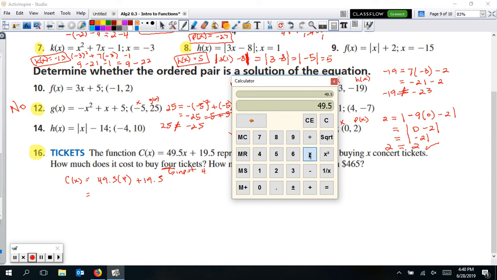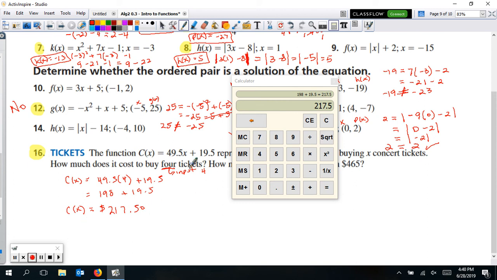So 198 plus 19.5 gives us 217.5. So our cost here, c of x, would equal $217.50. So there's our answer for that first part of that problem.